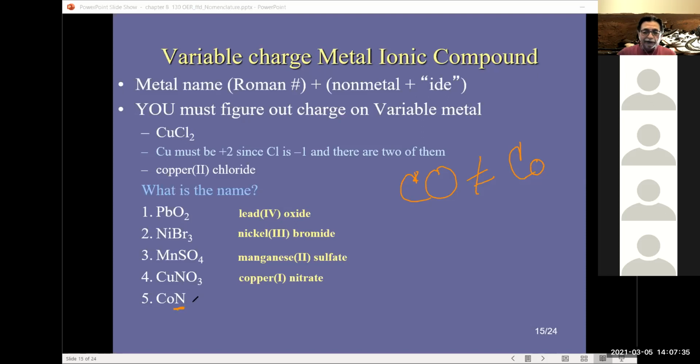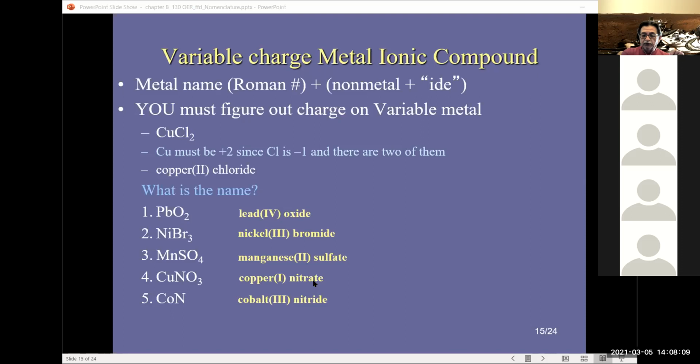I look to my right. No oxygens attached. It's nitrogen all by itself. That tells me it is nitride. And furthermore, nitride has a -3 charge, which tells me that the cobalt must be a +3. Cobalt 3 nitride.